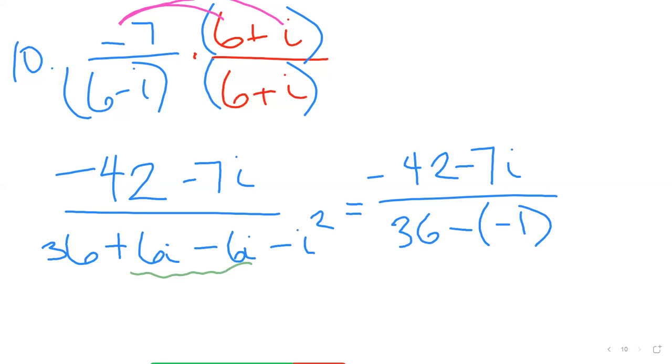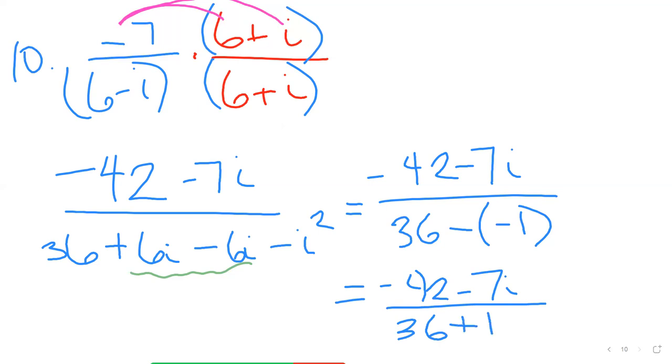And so that's going to become plus 1. Rewriting our top information, and then we have 36 plus 1 here. That's going to give us a 37 on the bottom. We got negative 42 minus 7i over 37.